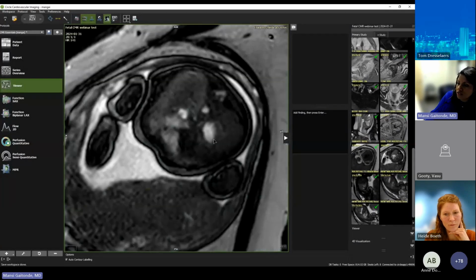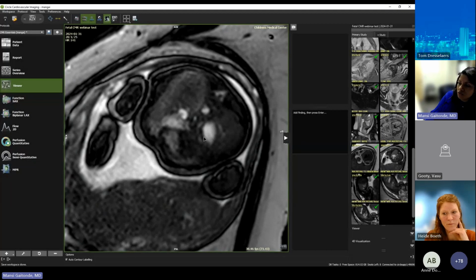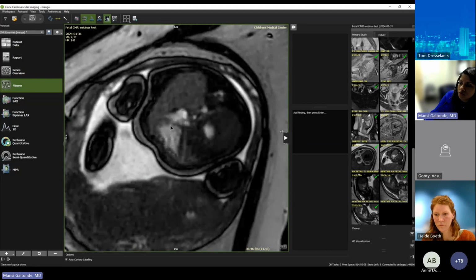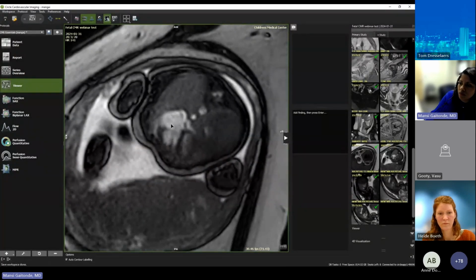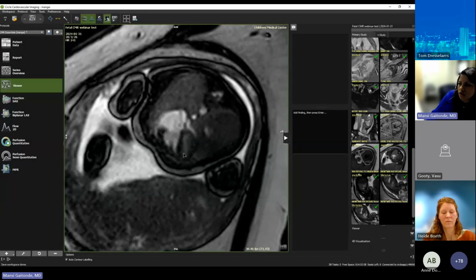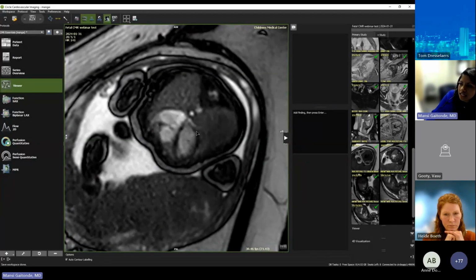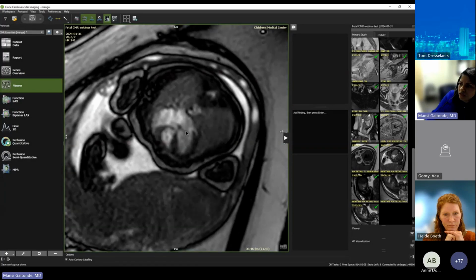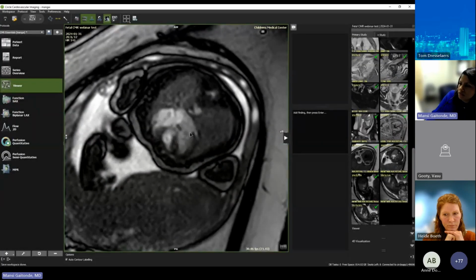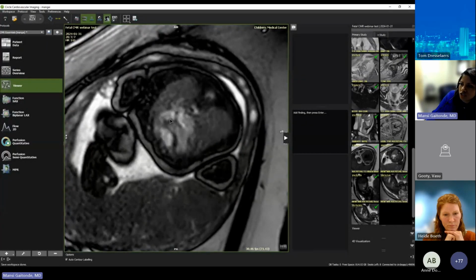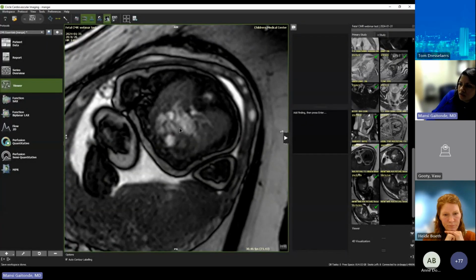Our best pictures eventually were through our Cine images, and you can see here that you have a good size right ventricle, a tricuspid valve, some probable mild right atrial dilation. You start to get the left ventricle into view. It does look like it's apex forming, and then a good sized mitral valve. You can see some pulmonary veins coming into view, and the LV outflow tract did appear open.